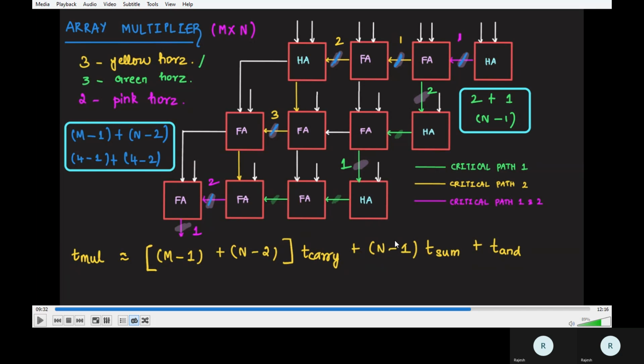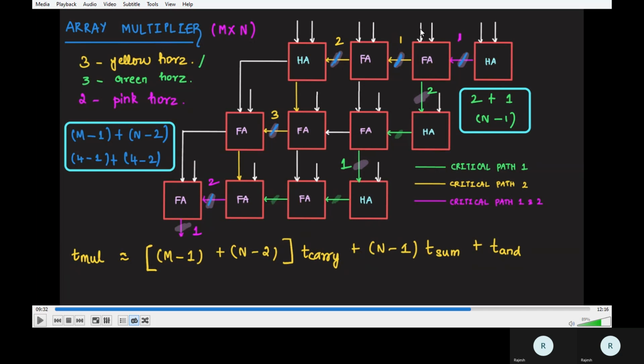So n minus 1 will represent the number of critical paths, and m minus 1 will tell the number of critical paths of 2 different kinds. So this is one critical path, another critical path, another critical path. Green color, this is 1, 2, 3.